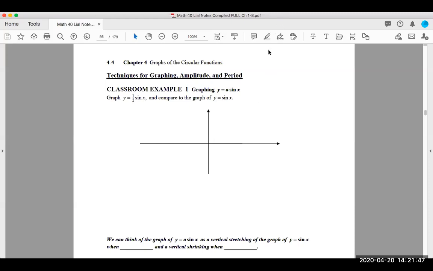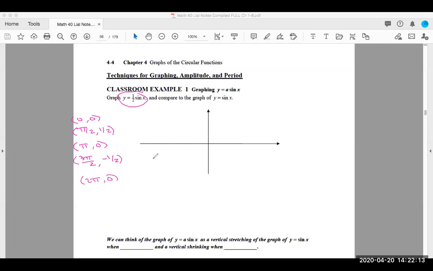So just want to emphasize that our points for this particular graph were 0, 0, pi over 2, 1/2, pi, 0, 3 pi over 2, -1/2, and 2 pi, 0.